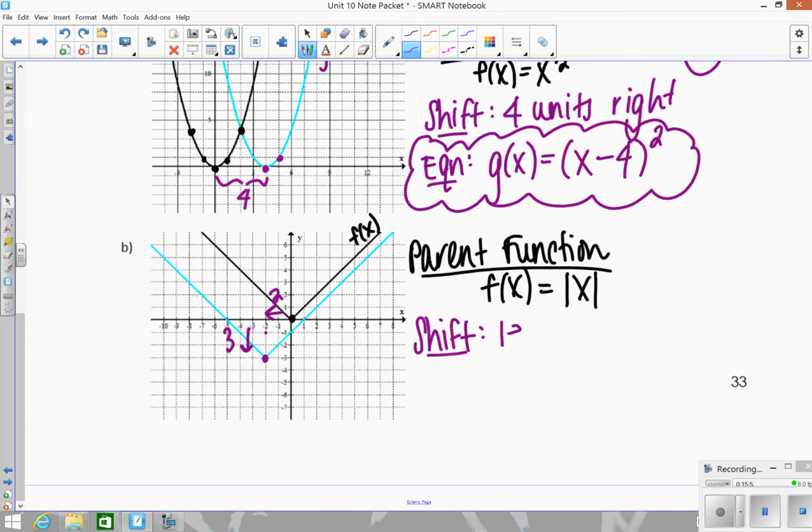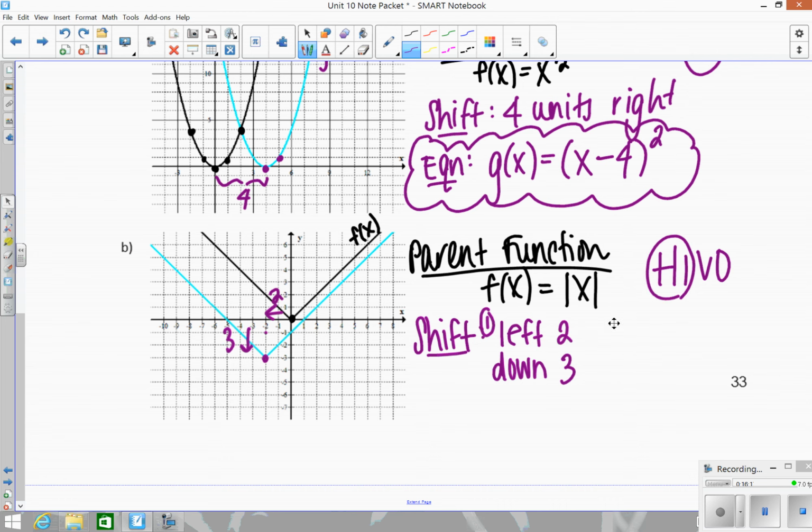So I'm going to say left 2 and down 3. So that means there's actually two things that happen. So if we look at our HIVO, or think about the acronym HIVO, for this first shift, I went left 2, so that's going to be an inside, that's a horizontal inside.